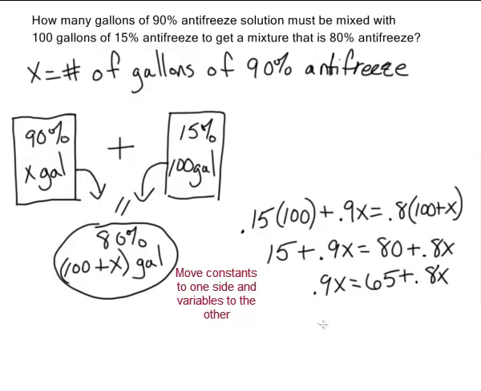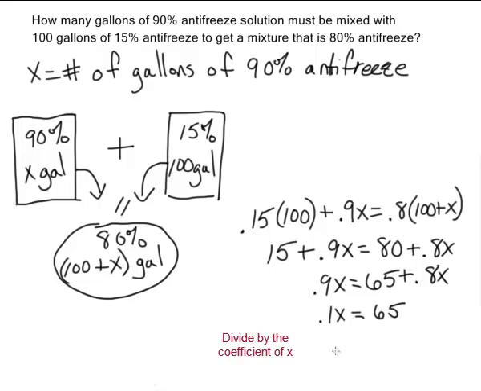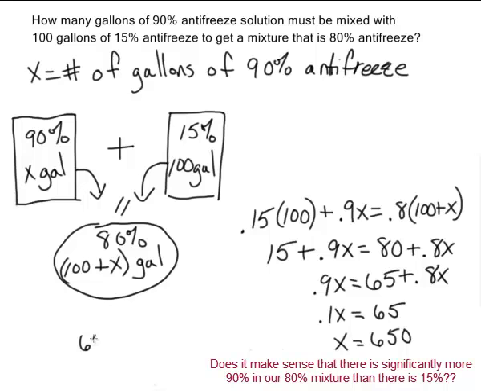Subtract 0.8x off both sides, and we get 0.1x equals 65. Divide both sides by 0.1, and we end up with x equals 650. So our final answer is that 650 gallons of 90% solution are needed.